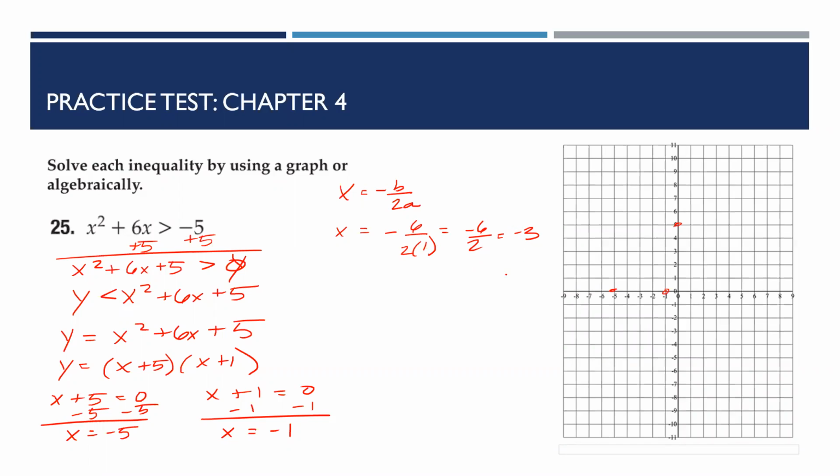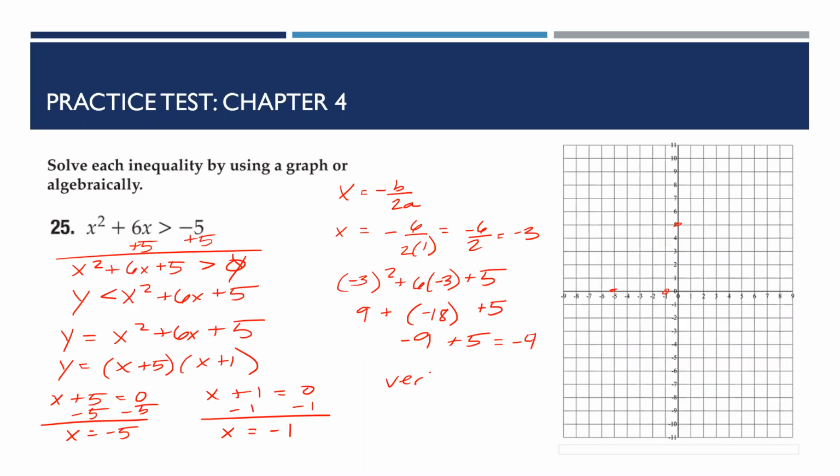And then I'm going to plug that into the original equation to figure out my y value. So this would be negative 3 squared plus 6 times negative 3 plus 5. So this would be 9 plus negative 18 plus 5. 9 plus negative 18 is negative 9, plus 5, and that's going to be negative 4.